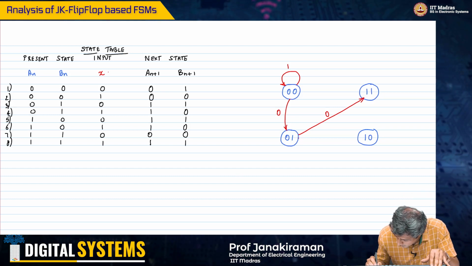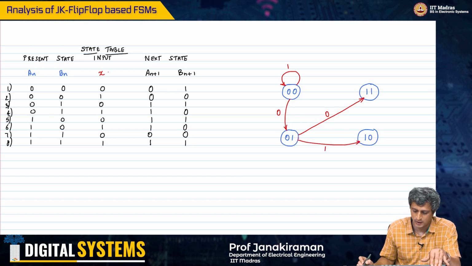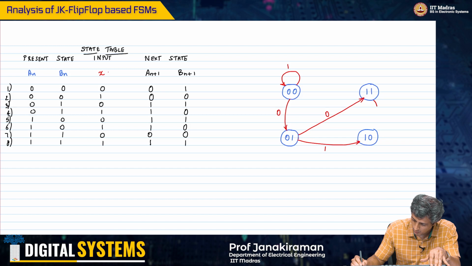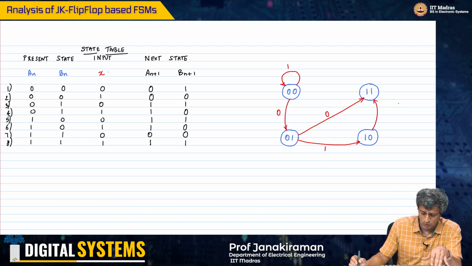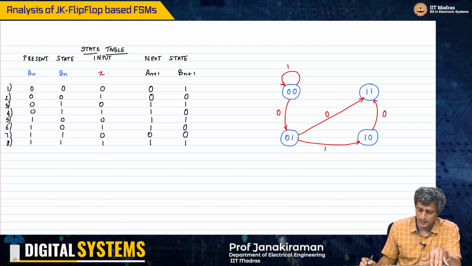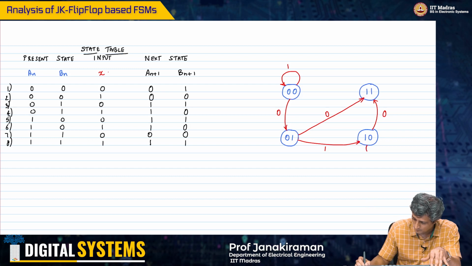So you will go like this, input is 1. And if it is at 1 0 and the input is 0, then you go to 1 1. And at 1 0 and the input is a 1, you remain in 1 0.